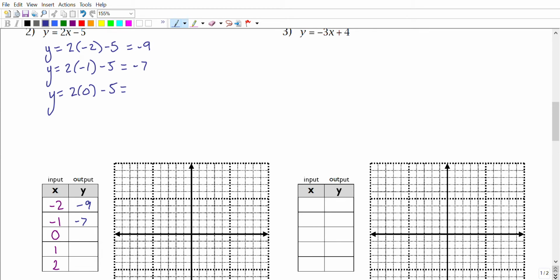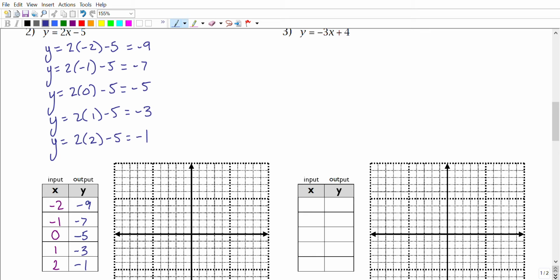Once again, 2 times 0 is 0, minus 5 is -5. 2 times 1 is 2, minus 5 is -3, and finally 2 times 2 minus 5: 2 times 2 is 4, 4 minus 5 is -1. So our remaining values were -5, -3, and -1.